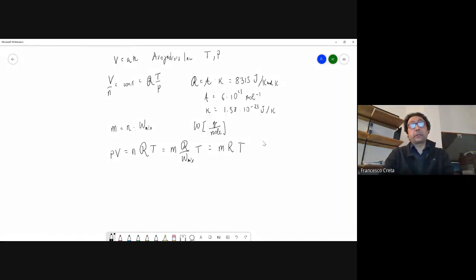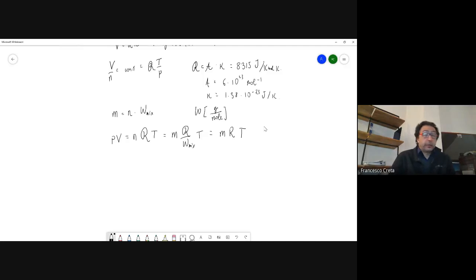And so from this, you have all the known forms. R is essentially the gas constant, not the universal gas constant. For example, if we divide by the mass, here you have a volume per unit mass, which is the inverse of a density.